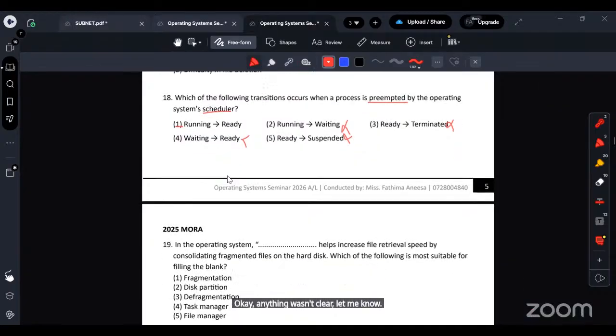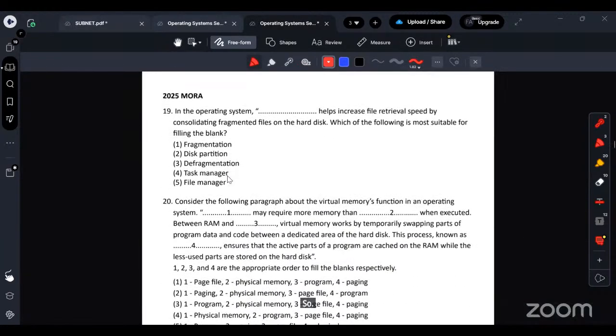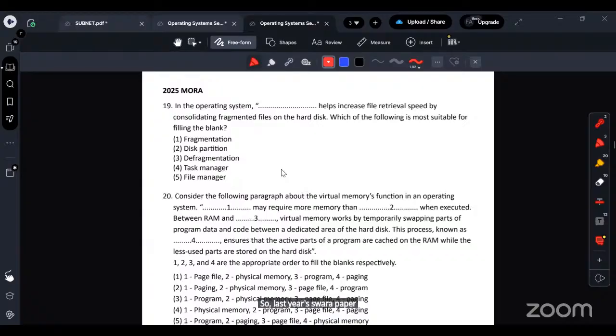All right. So this is last year's paper. When you are doing this paper, you notice that it has the same pattern as well.